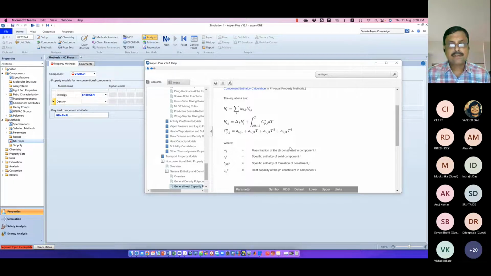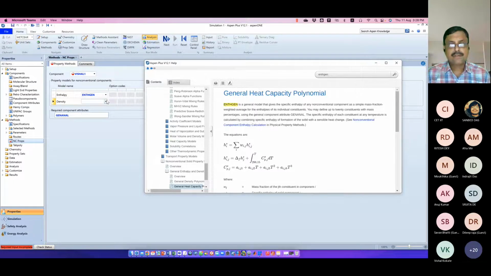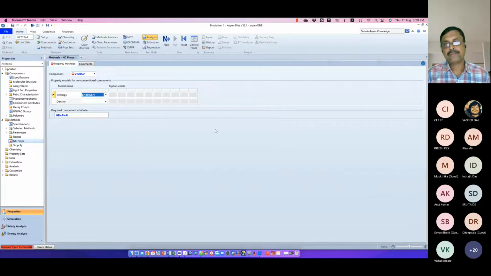Whether it is falling into this nth gen property or it is falling into this, available for your use. So you can use any one of them, whichever is matching the most.